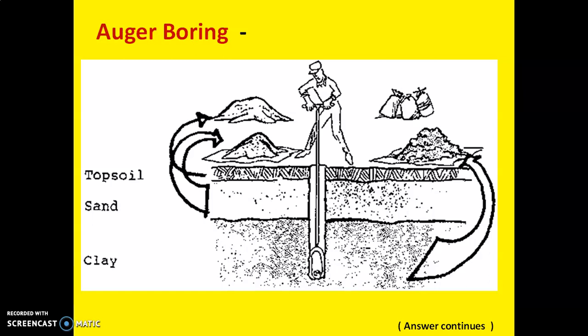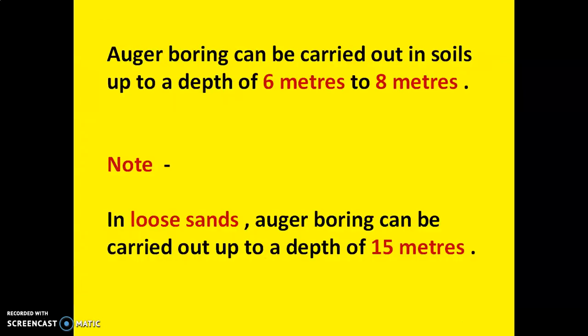Auger boring provides a safe, slurry-free method of installing pipes and cable ducts also. It can be drilled even through sand and can reach up to the level of clay. Thus, auger boring can be carried out in soil up to a depth of 6 meters to 8 meters. Note, in loose sand, conduct auger boring up to a depth of 15 meters.